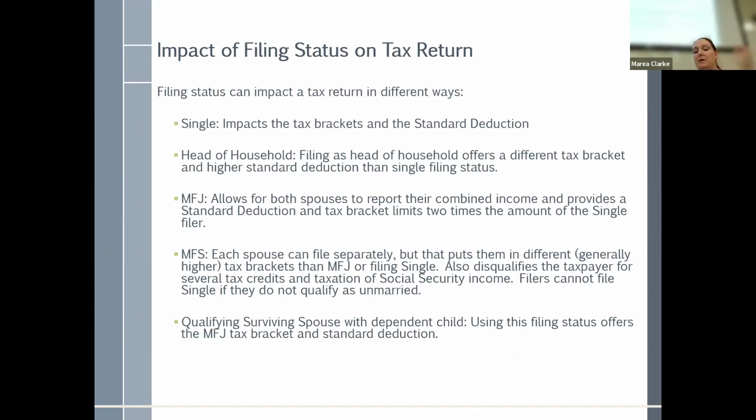Married filing joint, everybody combines their income, doubles the standard deduction, doubles the tax brackets, so it can reduce the tax rate that you have to pay. Married filing separate, everybody files on their own, but sometimes that can actually be slightly to the advantage of one or more of the spouses. But they also can't claim a lot of the tax credits. Then the qualifying surviving spouse gives them the married filing joint bracket and standard deduction, which is great.